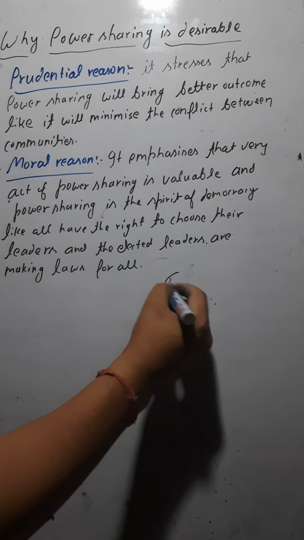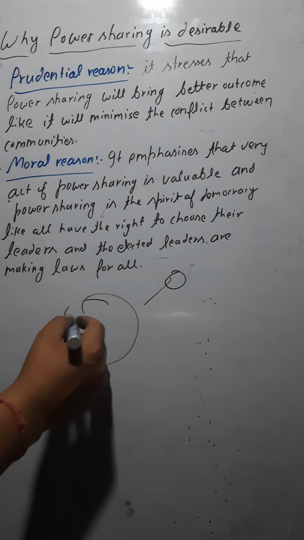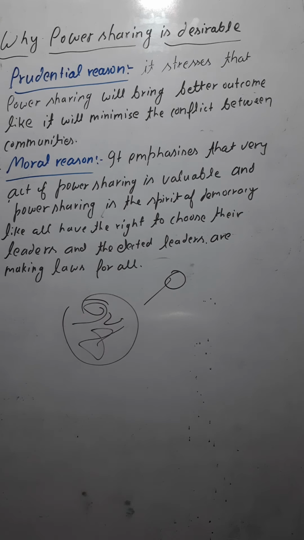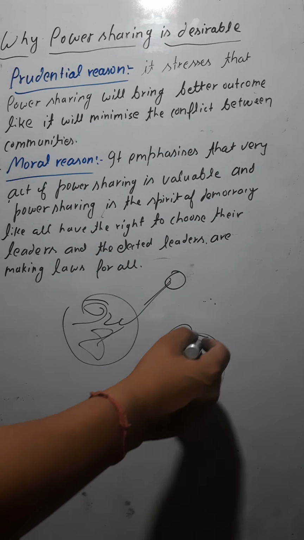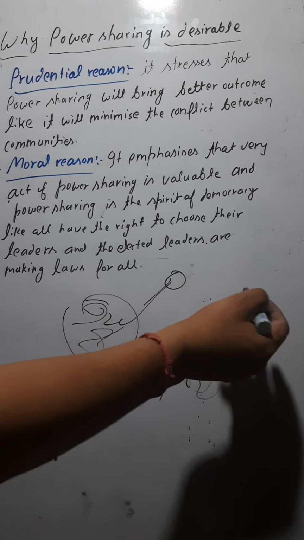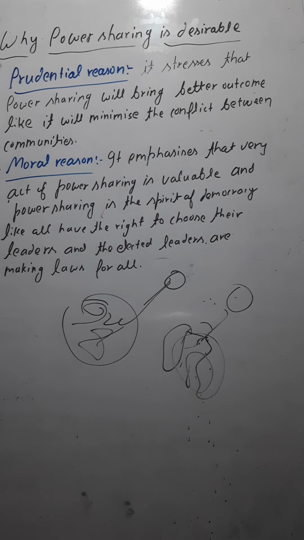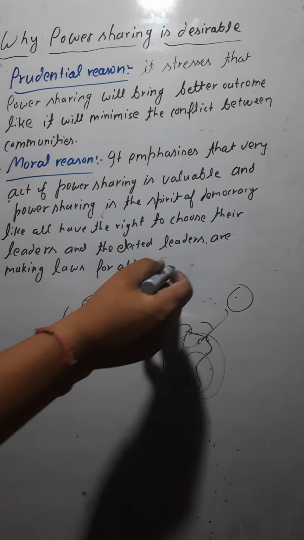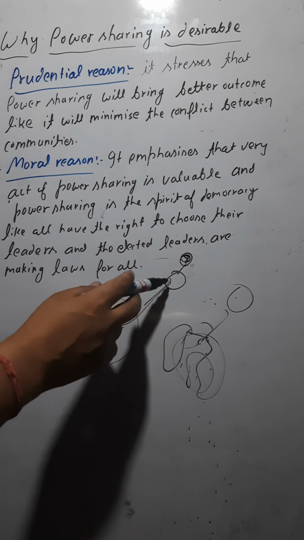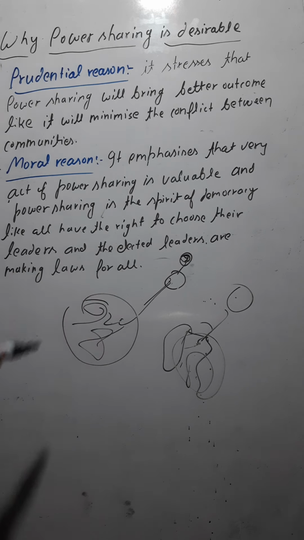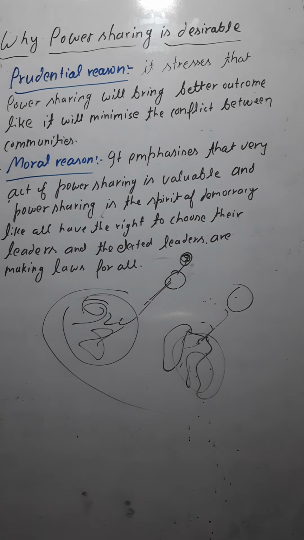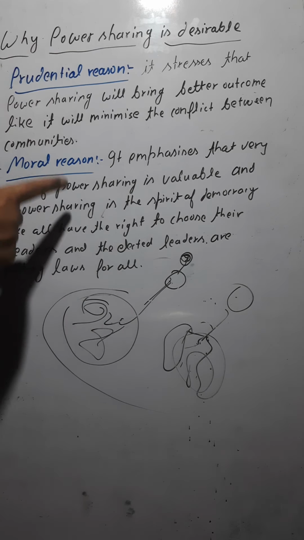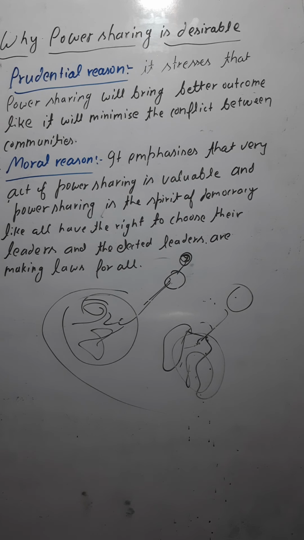Suppose these are the people who have given their vote to this one leader, and some people might have given their vote to some other leader, but that leader loses the election. But the leader who has been elected here is not going to form the law only for this group. Rather, they would form the law for all the people. That is the spirit of democracy. So this is the moral reason. So for these two reasons, power sharing is desirable.